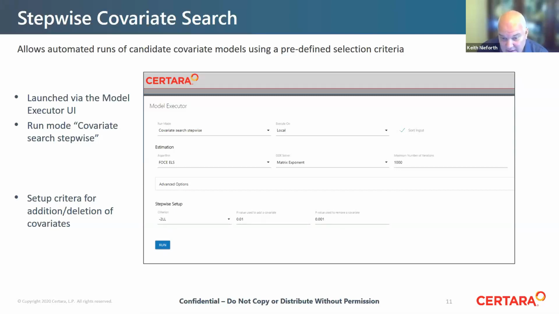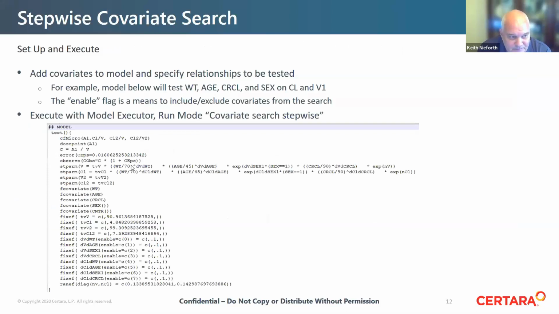It has to be more than 0.001 to get rid of that covariate. But you can adjust these. This is kind of a typical way of doing this. So we're going to basically step through the way by which you'd set up for this and execute it.